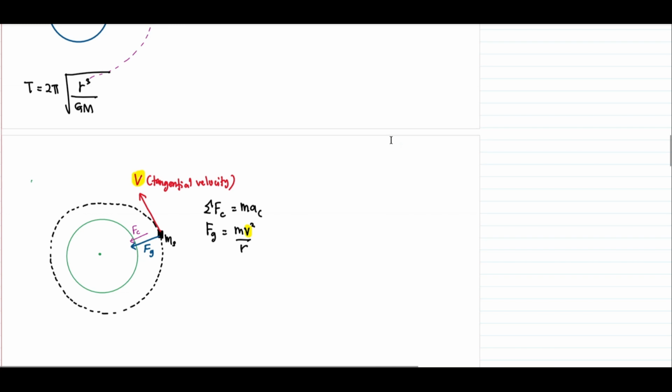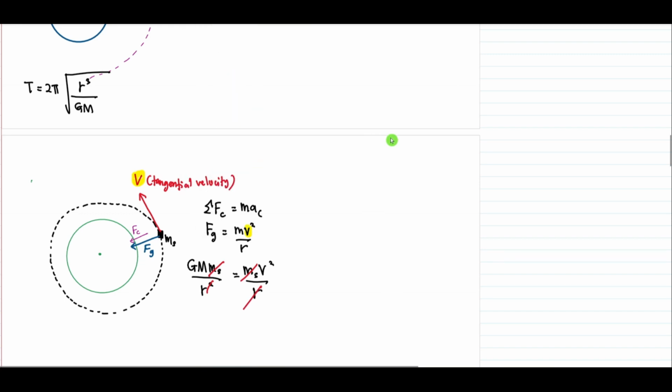Boleh? And let's substitute the equation of gravitational force, G M m over r squared. Capital M is the mass of the point mass, and in this case, the point mass is the Earth, times the mass of the satellite over r squared, equal to m, the mass of the satellite sebab dia yang bergerak kan, v squared over r. So here we can cancel the mass of the satellite and also r.